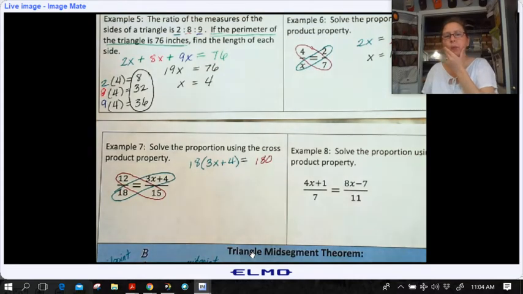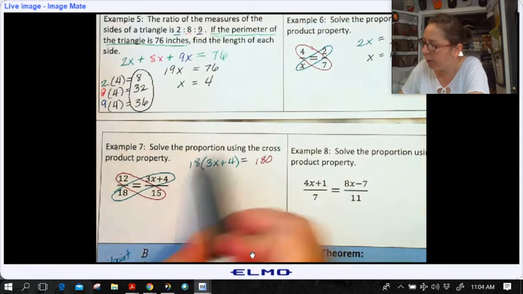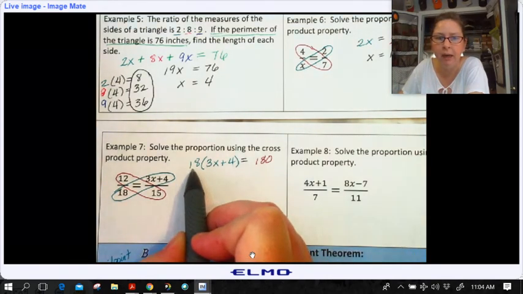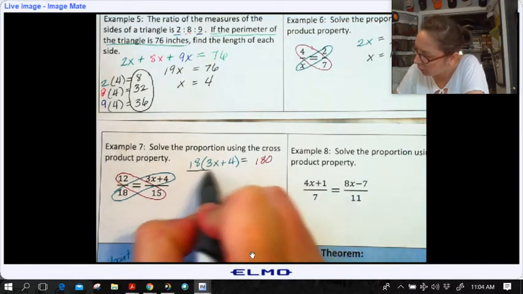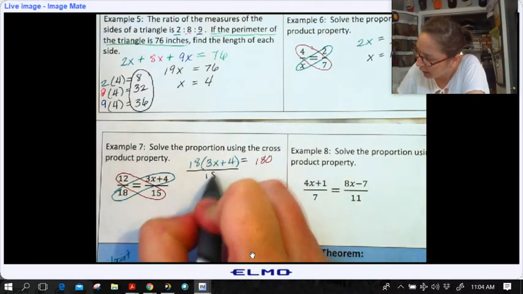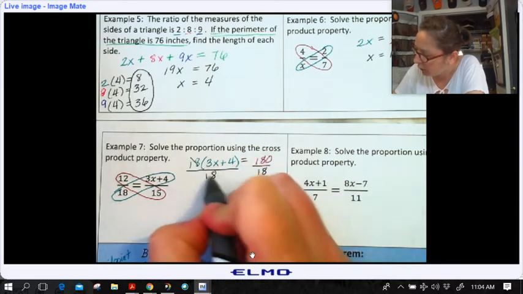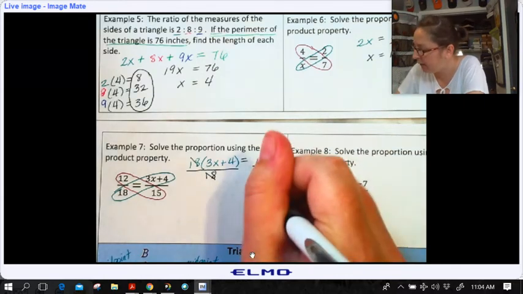Okay? All right. Now, you've got 2 ways that you can go about this. You can either do your distributive property if you'd like, or we can just divide by 18 on both sides so that this is by itself. So I'm going to go ahead and divide by 18. So these cancel. 180 divided by 18 is 10.